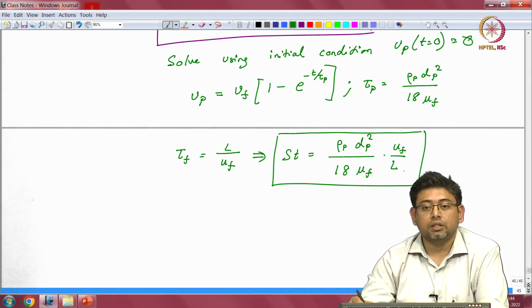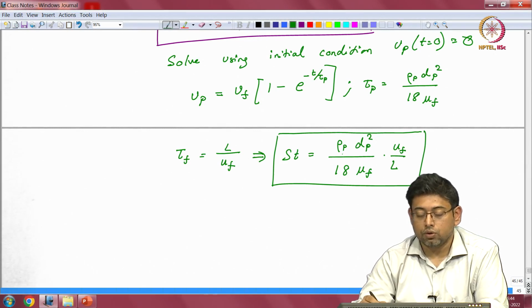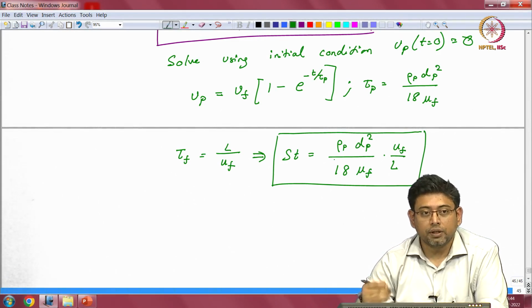The geometry of the system already determines L, the flow length scale, and then you have to experiment with different types of particles to figure out what particle to use. Rho p will come from that. If you are using, let's say, polystyrene from a certain manufacturer, they will already specify the density, so you will have this information beforehand.